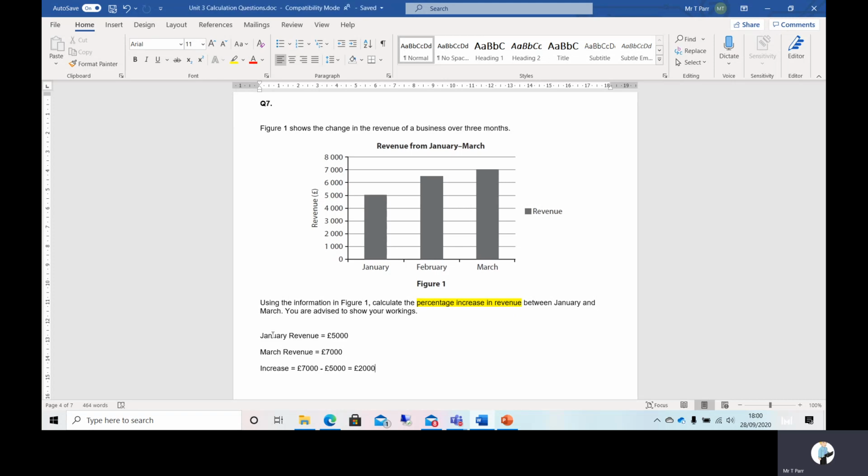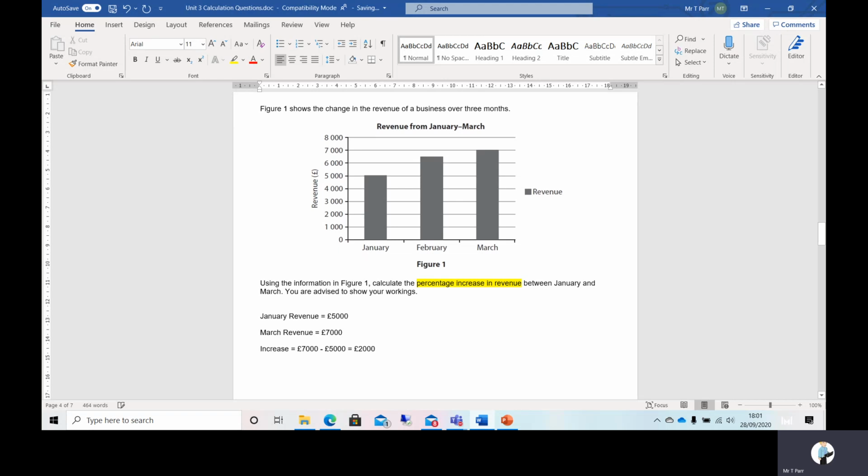Okay, you can work that out in your head. I know you're probably thinking that's easy, right? So this is where it gets a bit interesting because it says the percentage increase in revenue. So you've got that £2,000, which is how much more, but you have to use that as a percentage of the revenue, but of where?